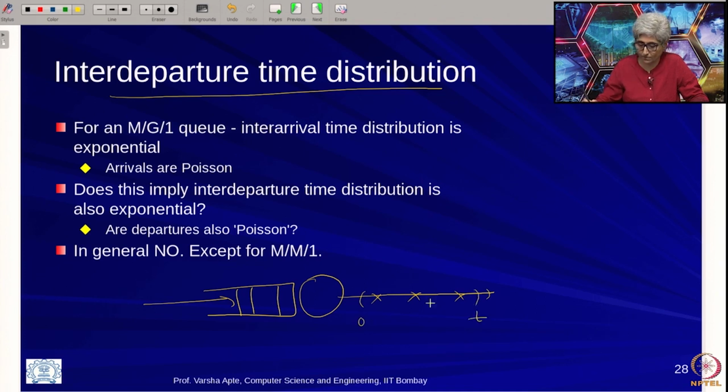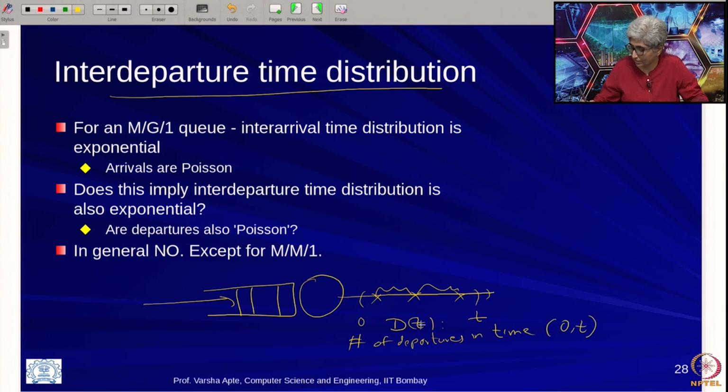We can ask both questions: what is the inter departure time distribution, or, if Dt is the number of departures in time 0 to t, we can also ask what is the probability distribution of this number.